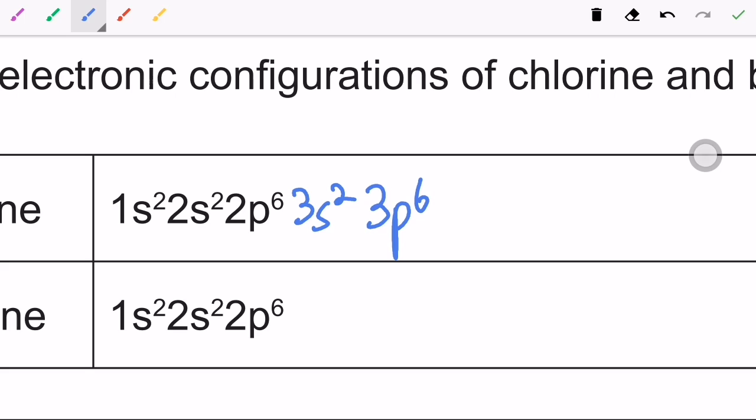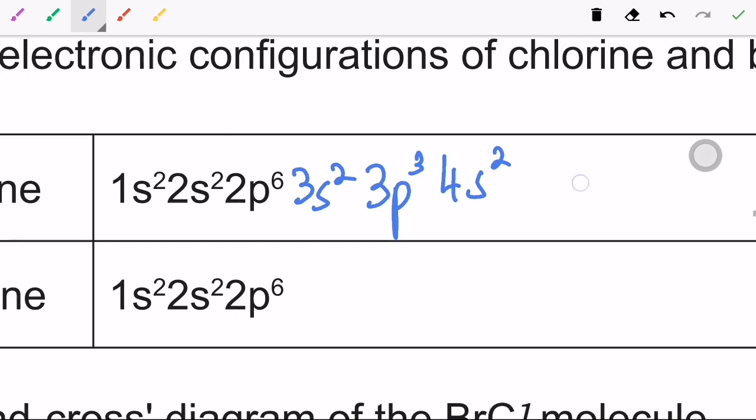But wait, is it 18? Yeah, it gives you 18. So we didn't want 18, we just wanted 17. And by the way, you must know that the 4s shell fills up first, so the 4s2. And then the remaining fit into the 3p orbital. So it's a total of 17 minus 2 minus 2 minus 6 minus 2 minus 2, which gives you 3, so I have just 3 electrons here.